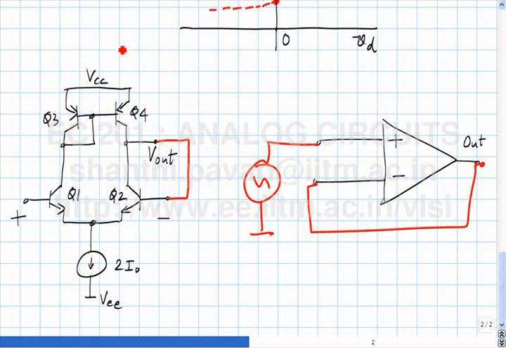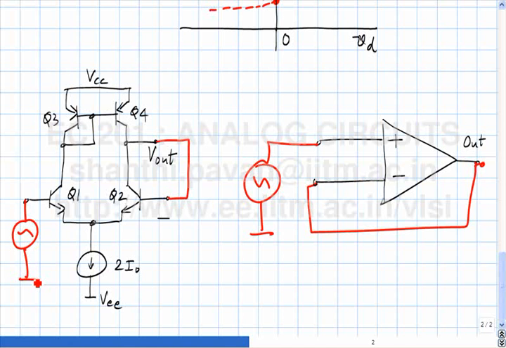And we'll assume VCC is positive and VEE is negative, so that when I put a sine wave here, 0 is well within the input common mode range. Okay. So does this work? What do I mean when I say does it work?